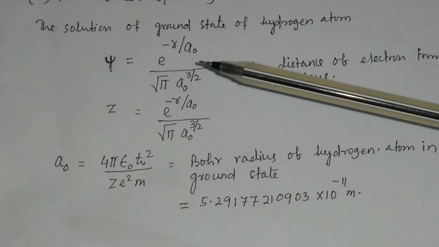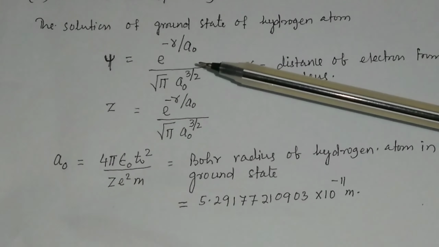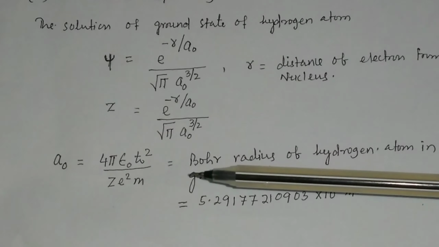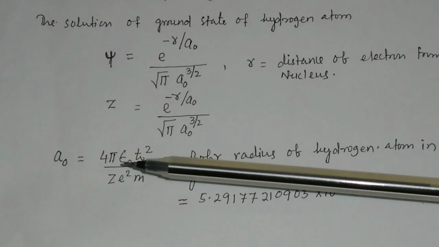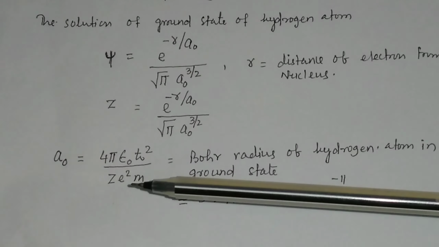Here a naught is called the Bohr radius of the hydrogen atom in ground state, and a naught is equal to 4 pi epsilon 0 h cross square divided by z square m.